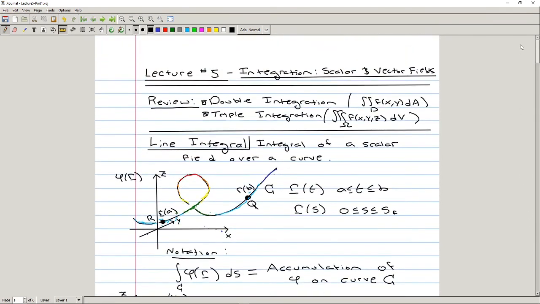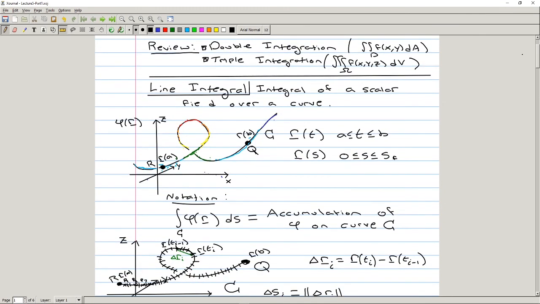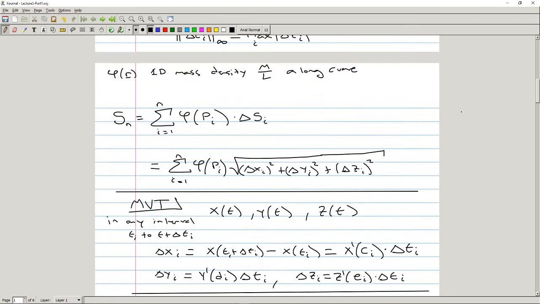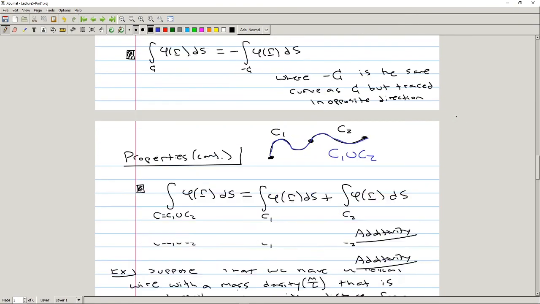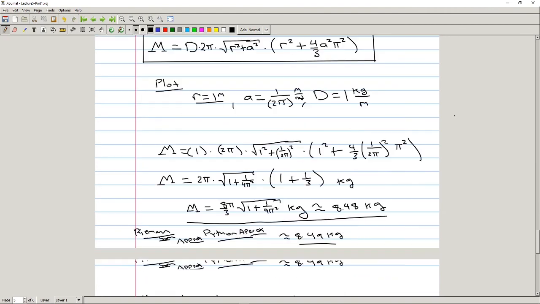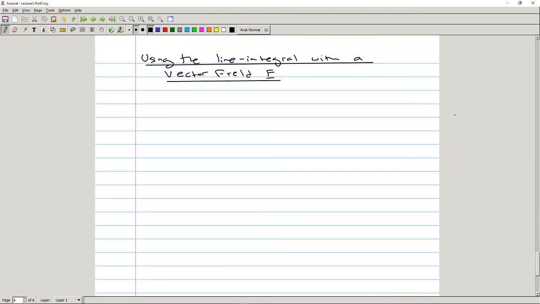It's important to mention that this function phi that we're integrating is a scalar function from three-dimensional space to R. It's valued in the real numbers. Then we're going to move into defining the line integral of a vector field, where F is a vector field, a mapping from three-dimensional space into three-dimensional space.